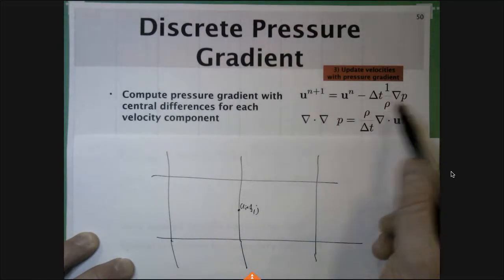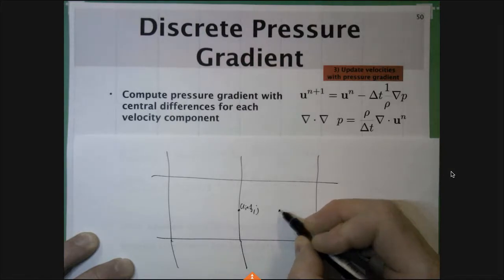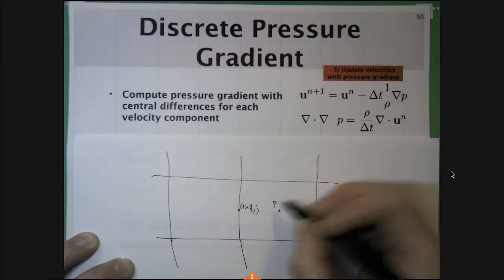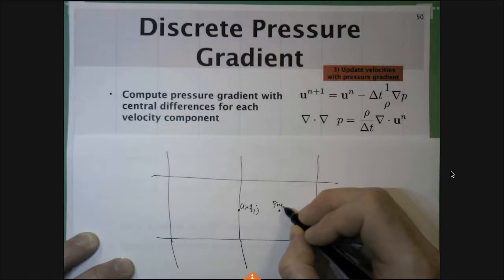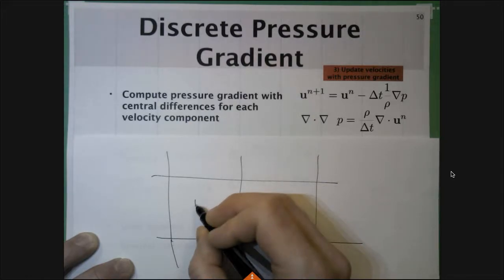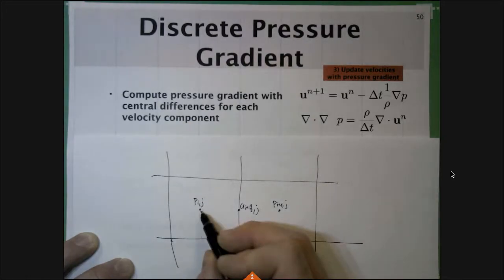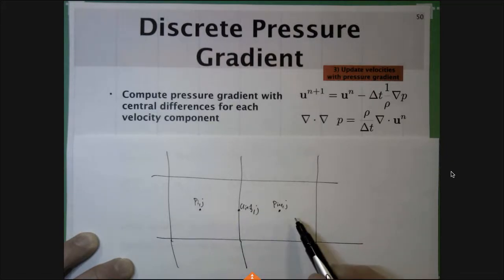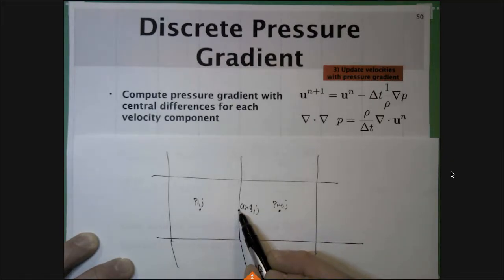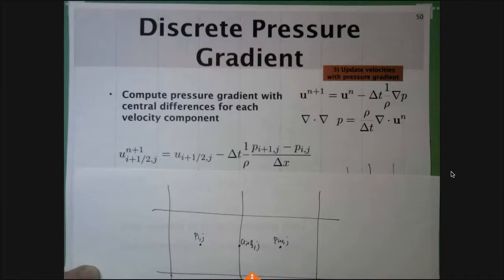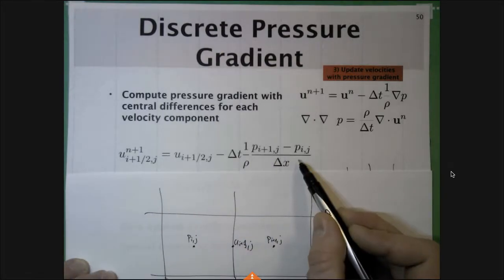And I'm trying to discretize this. My pressures are here, so this would be pressure i plus 1, j. Here would be the pressure of the cell i, j. The beauty of the MAC grid is that the gradient of the pressure here, I can directly get by central differencing p i,j and p i plus 1,j. That's exactly what is written here.